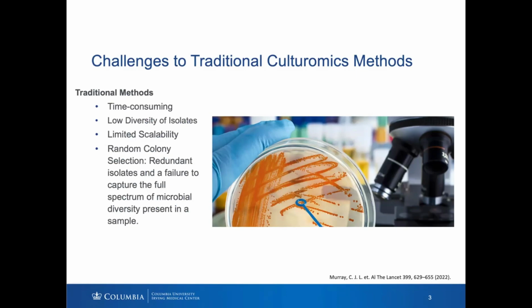It's really time consuming and it requires a lot of human effort, sitting at your bench, picking single colonies for days at a time just to get like a few hundred if you're fast. There's a very low diversity of isolates. Traditional approaches tend to repeatedly isolate dominant bacterial strains because by the human eye, we tend to simply go for the easiest picks on a plate, and that might lead to similar strains being picked multiple times.